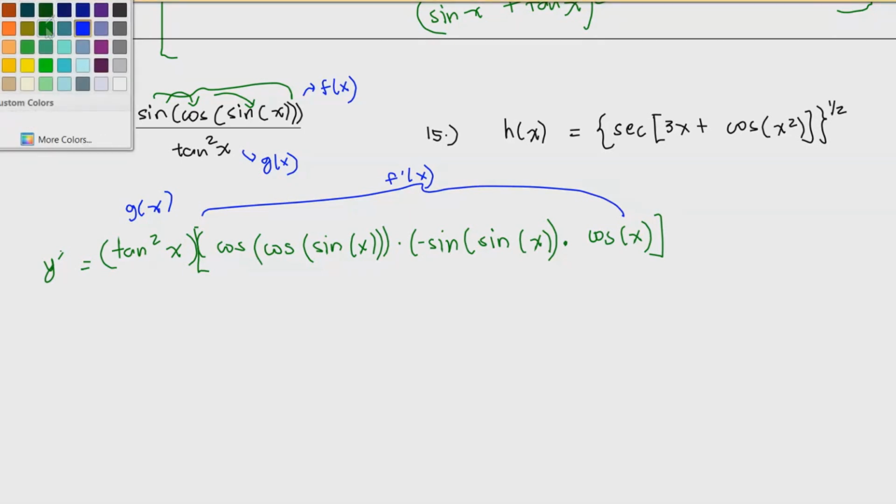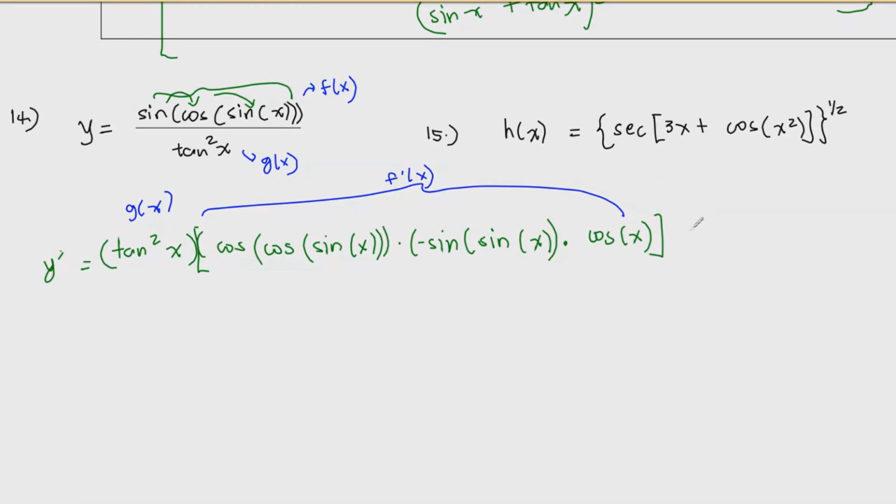So now let's continue. So we continue with minus, so we just copy this numerator, so sine of cosine of sine of x, and then multiply this with the derivative of our tangent squared x.